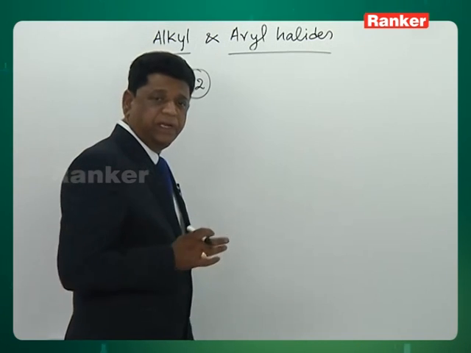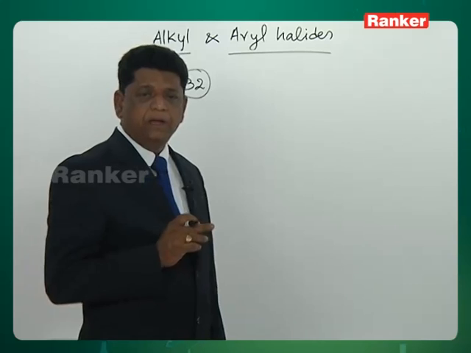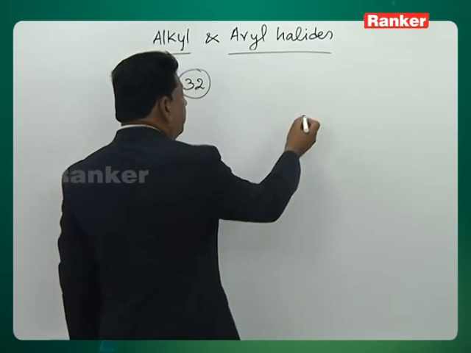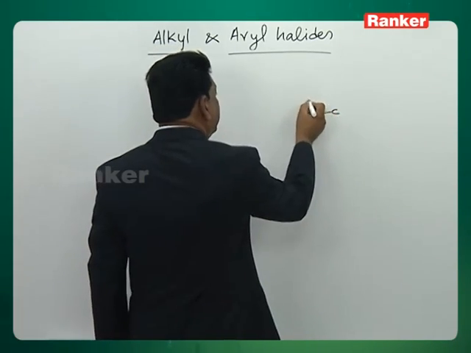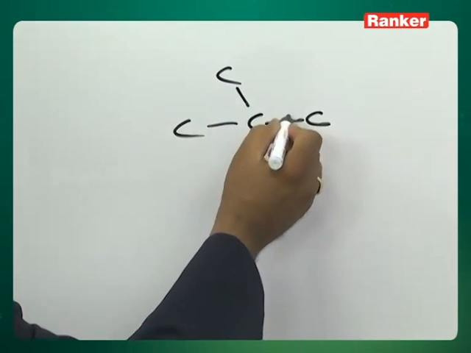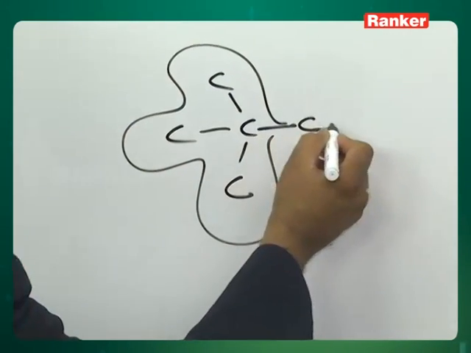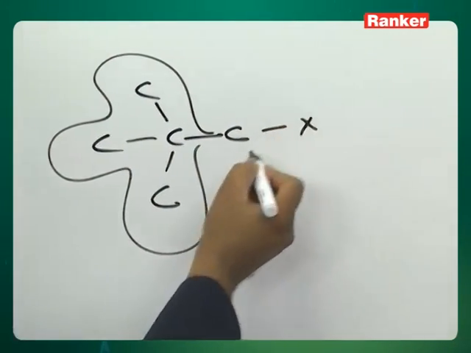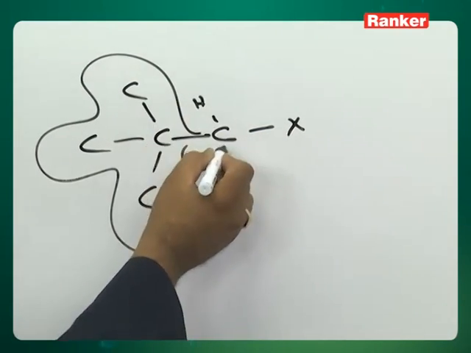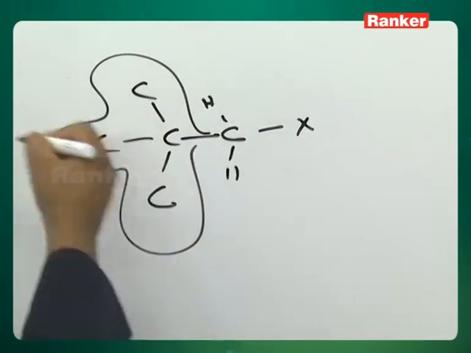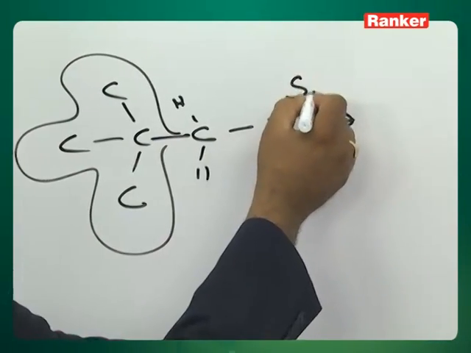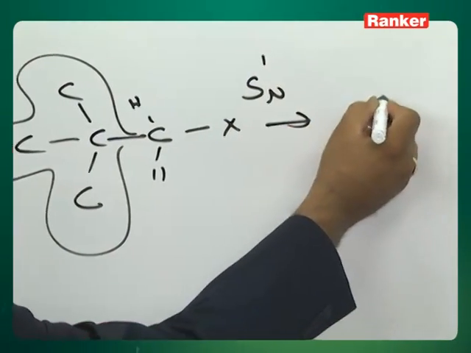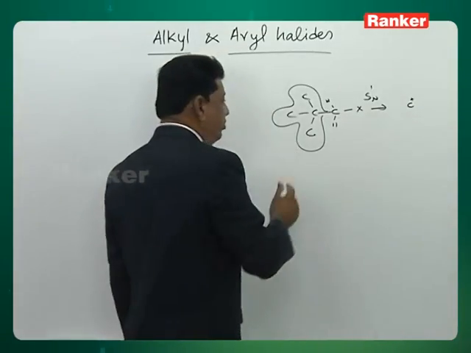So A, B, C all have some credential. The first option has a benzyl type, and B is 1 degree actually, but with 3 alkyl groups the group is so big. So though it is 1 degree neopentyl type, 1 alkyl group is equal to 3 alkyl, so it undergoes an SN1 reaction, which gives a carbocation, and then the reaction proceeds, though it is 1 degree.